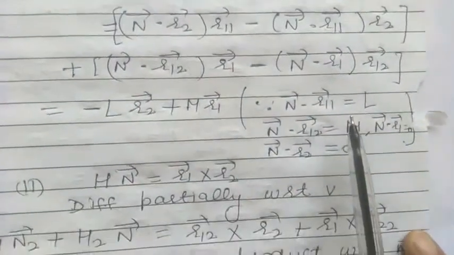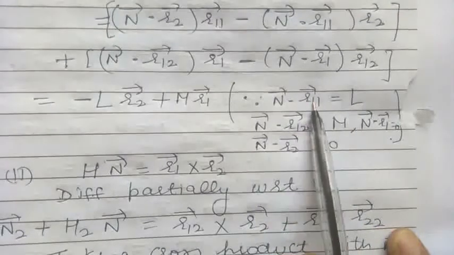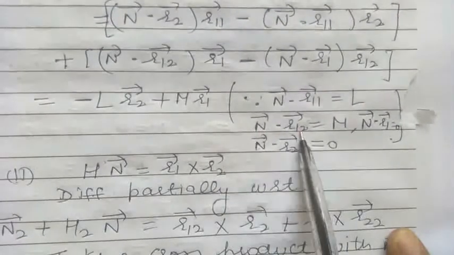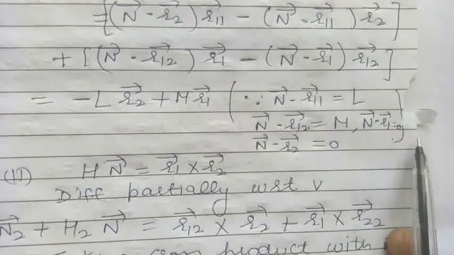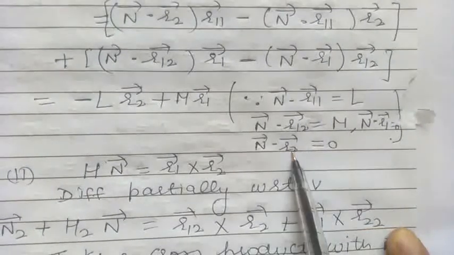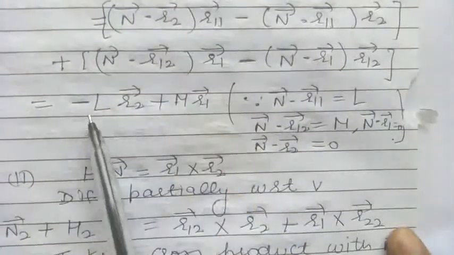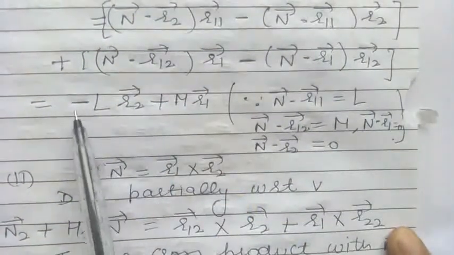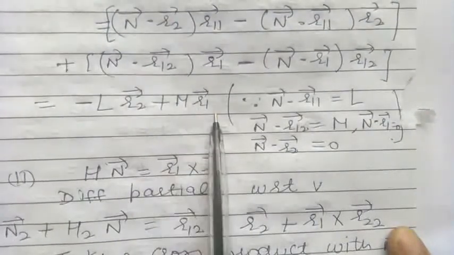Now, using the definitions of L, M, N, by definition n dot r11 is L, n dot r12 is M, and vector n, because it is the normal unit vector to the surface, is perpendicular to the tangential vectors r1 and r2. So n dot r1 is 0, n dot r2 is 0. Using these four results in this expression, we get the required result, which is equal to minus L into vector r2 plus M into vector r1.